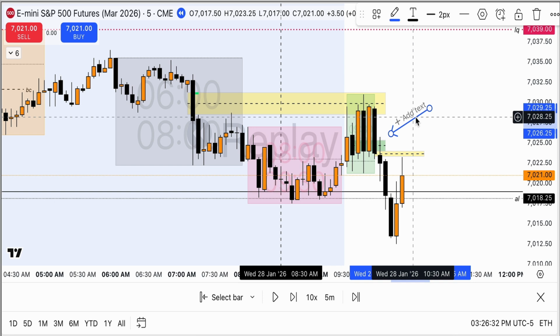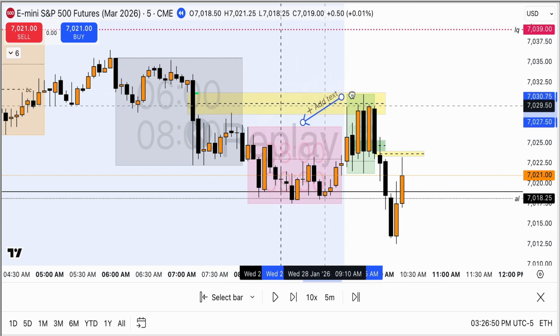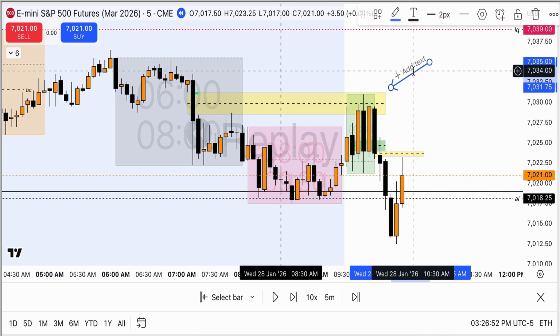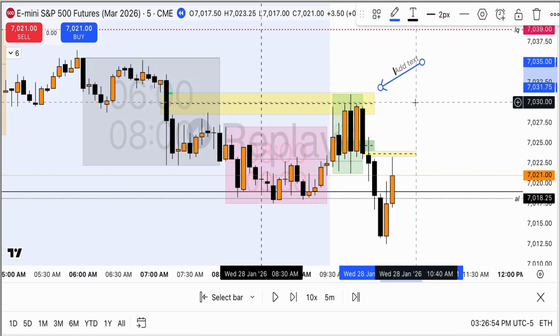When that is fulfilled, I then move on to the second part of the stage. That's what stopped me from trading. So I mainly focus on the AM session. The reason why you have all these colors, these are all micro sessions. It just makes things easy for me to see.